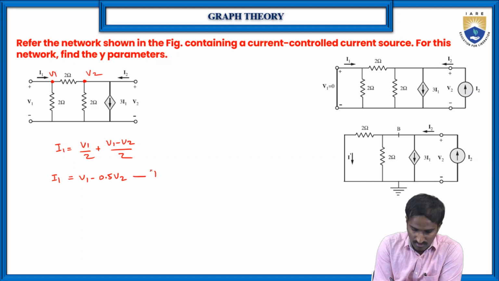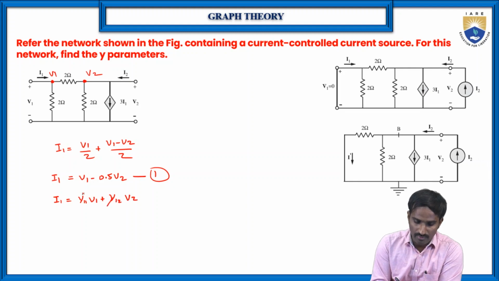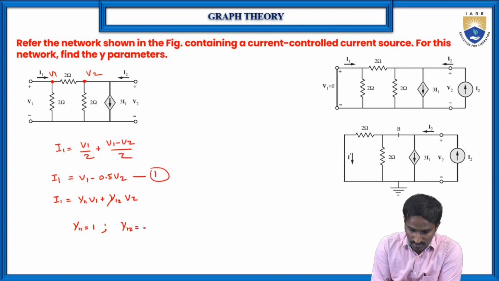This is equation number 1. So how it is looking like this: I1 is equal to Y11 V1 plus Y12 into V2. If you compare these two equations, then Y11 is equal to 1, same as the previous case that we have calculated, and Y12 is equal to minus 0.5.